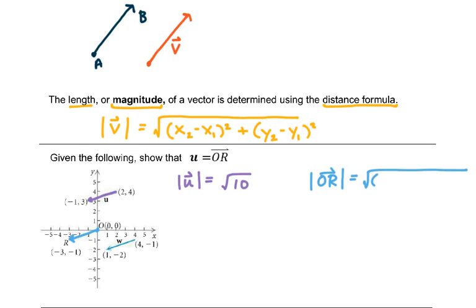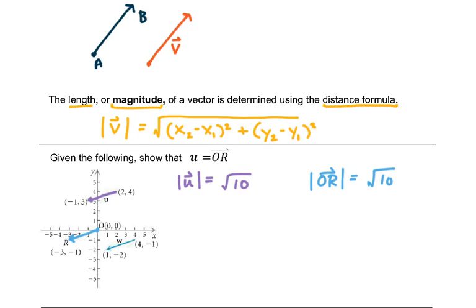So we would have 0 minus negative 3 for my x's squared plus 0 minus negative 1, running out of space, squared, but 3 squared plus 1 squared is 10. So we have the square root of 10. And we can see that both of our vectors have the same magnitude. But again, that is not enough to show that these two vectors are equal or equivalent because we must have the same magnitude and direction.